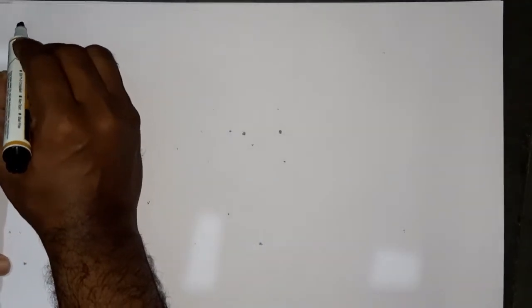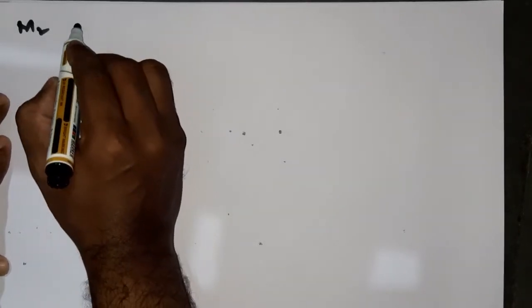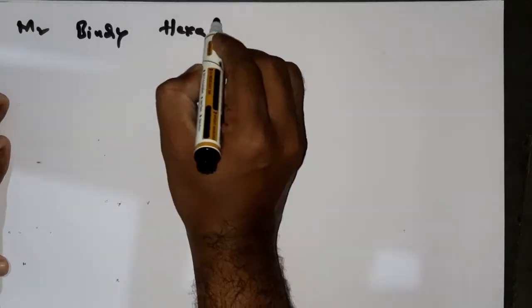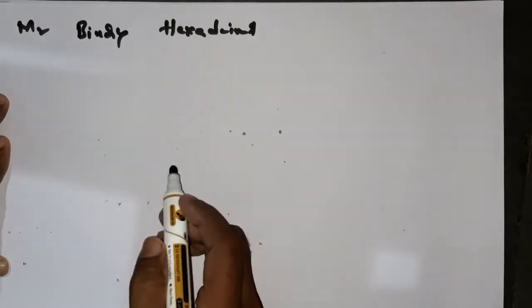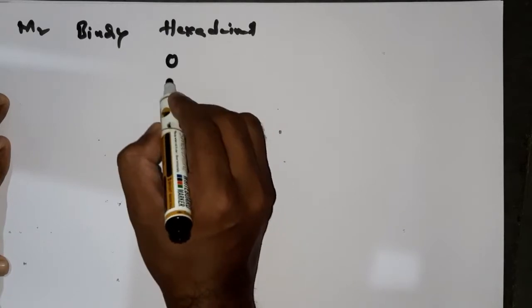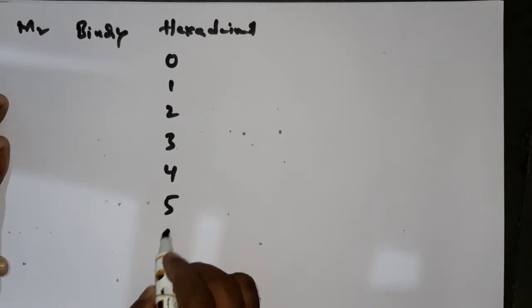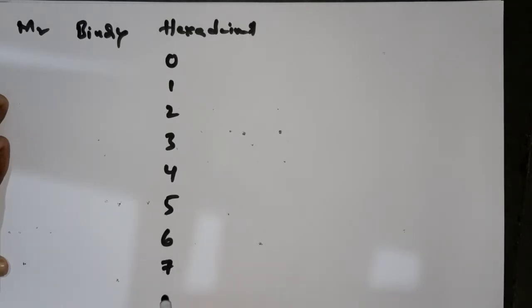Okay, method 2. In method 2 we have to create a table that gives the equivalent value of binary and hexadecimal. First we will go with the binary and we write down hexadecimal. We know the hexadecimal numbers, I am writing here. First one is 0, we have 1 2 3 4 5 6 7 and 8.